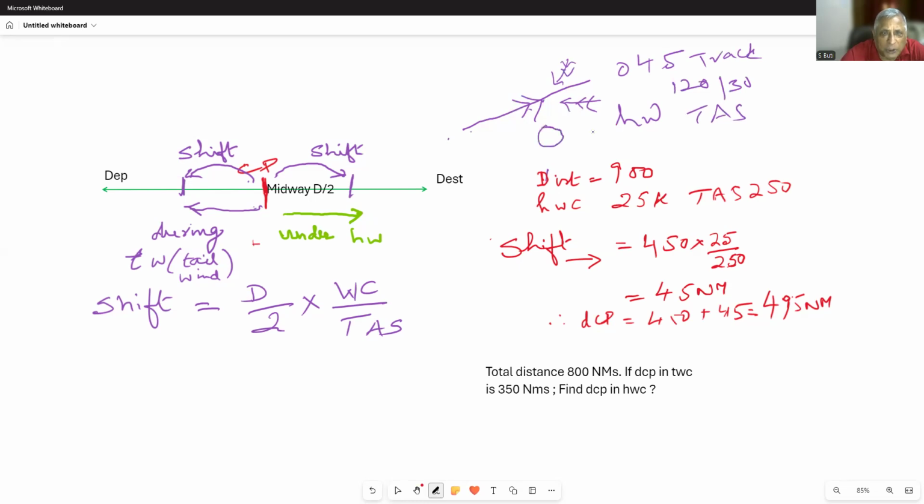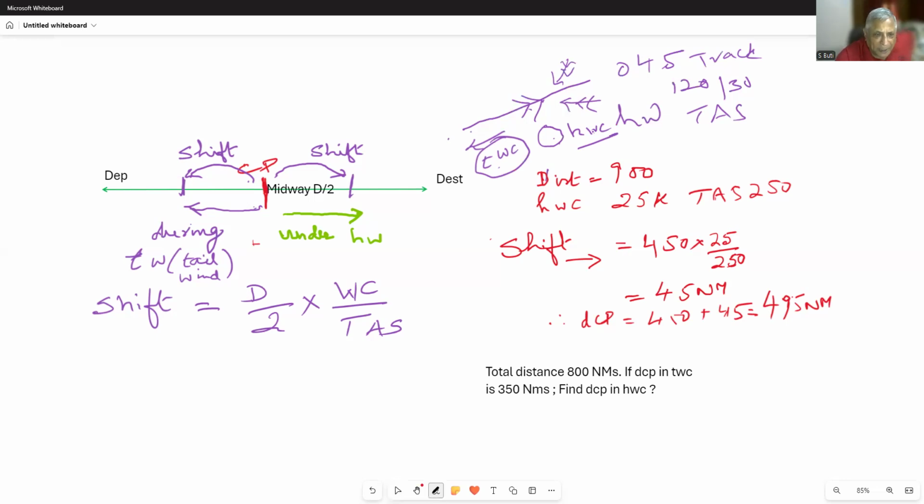Find out how much less. That is called headwind component. On the return, your ground speed will be more. How much more? That is called tailwind component. So you'll find the reduction in your speed will always be more than the tailwind component. Theory question.